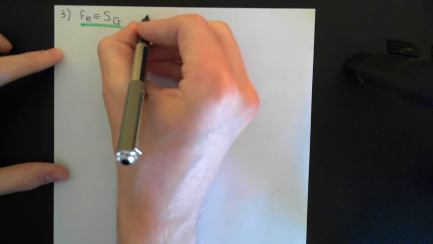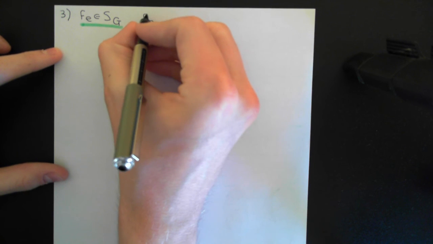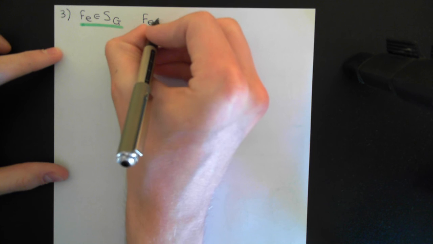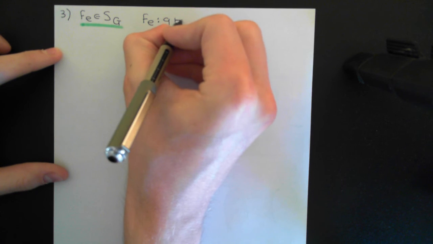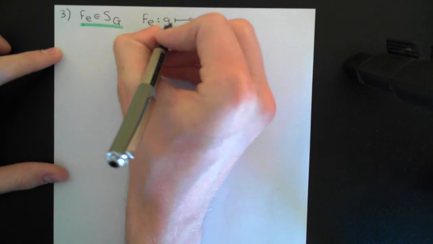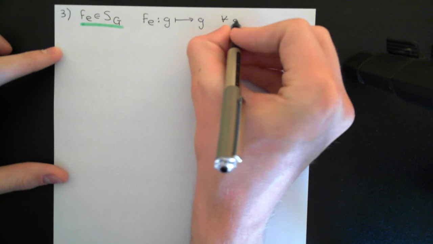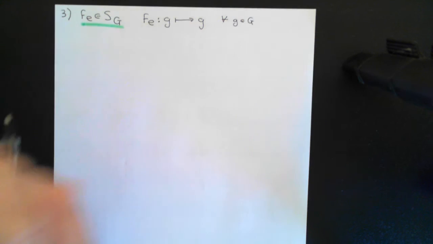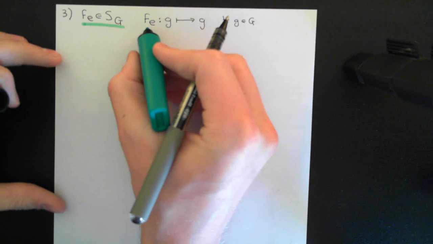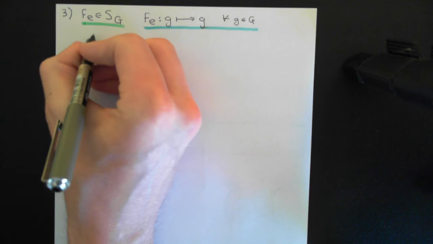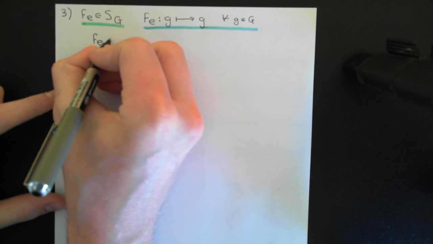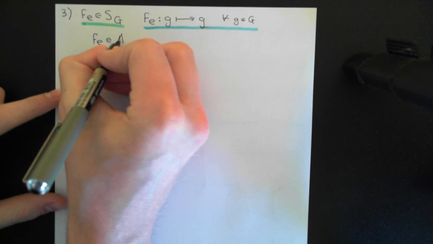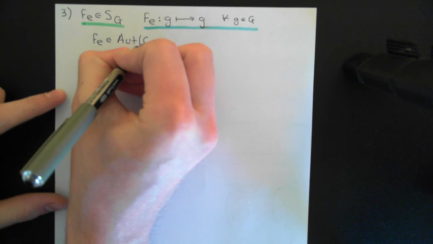So this identity map, which will send all elements of the group onto themselves, and I'll just spell that out, so it'll send all little g onto little g for all little g an element of capital G, is an element of the set of automorphisms of the group capital G. So FE is an element of the set of all automorphisms of capital G.